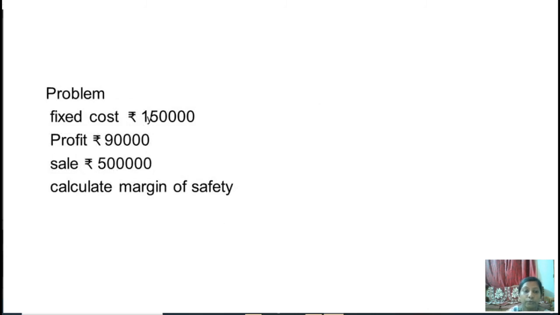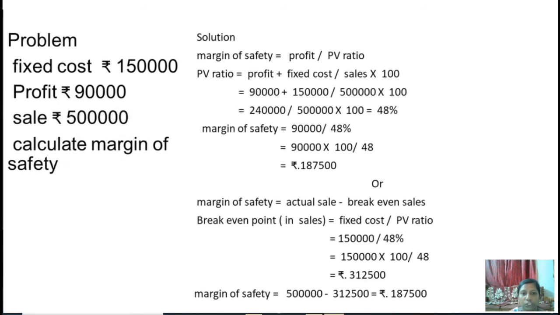So now we see the problem on margin of safety. Fixed cost rupees 1,50,000, profit rupees 90,000, sales rupees 5 lakhs. Calculate margin of safety. The solution for this problem: here also we solve these problems in two methods.